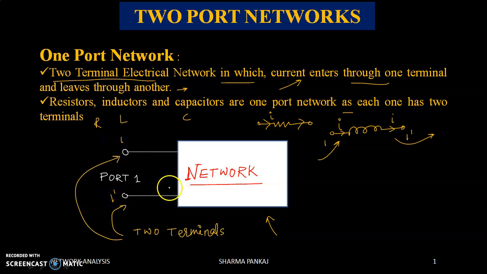Let us call it 1 dash. This whole thing is your port number 1. This is terminal 1, and this is terminal 2. I'm trying to make it so easy for you that you may not face problems understanding this.